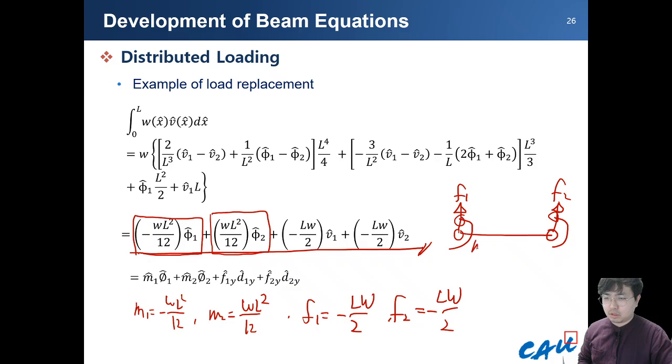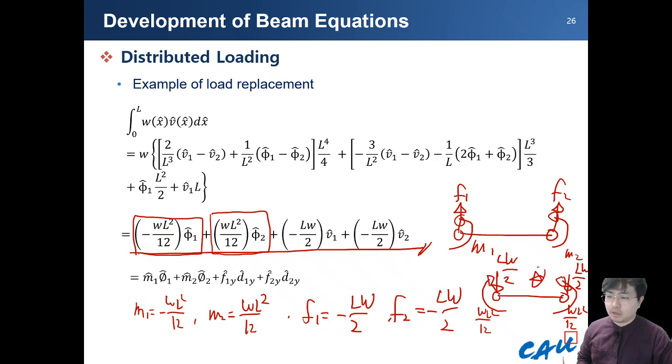Actually, this is the exact form, but in here f1 has a minus sign, so you should change the direction, and it becomes a positive value. Then moment 1 has a negative sign, so you should draw the opposite direction, and this has a positive sign, so you can use the counterclockwise direction.